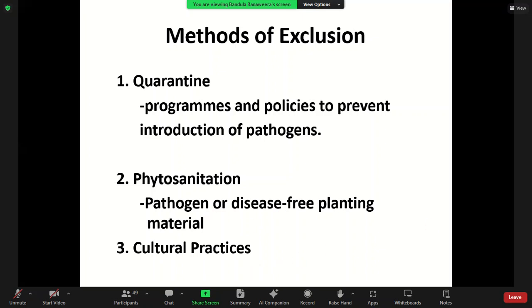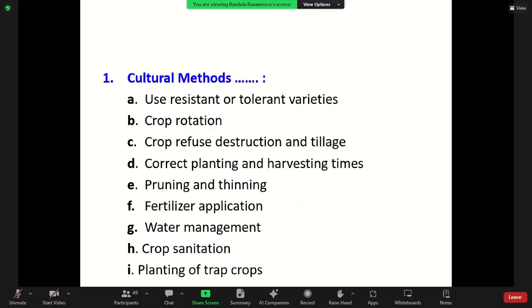Then there are many cultural practices that are useful for plant disease management. What are the cultural methods? That means the normal methods, normal crop production techniques, like when we start cultivation, we can use a resistant variety, resistant to certain diseases.